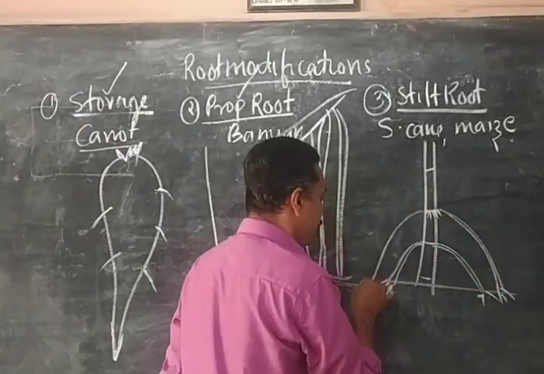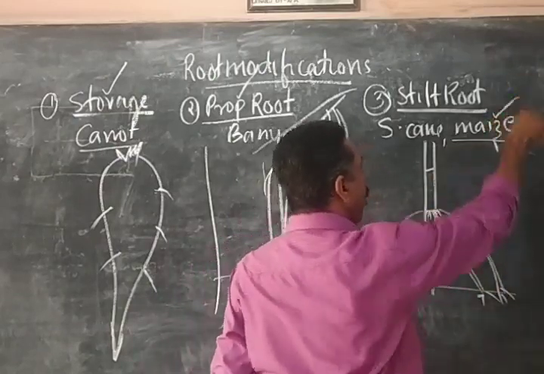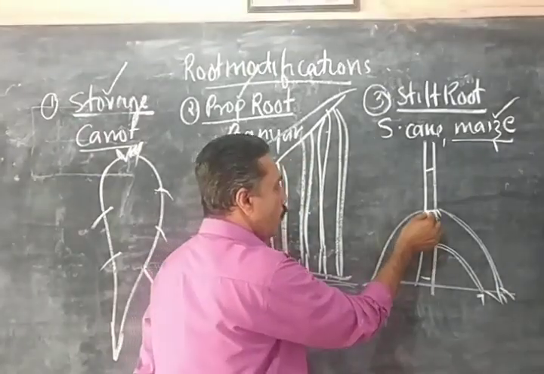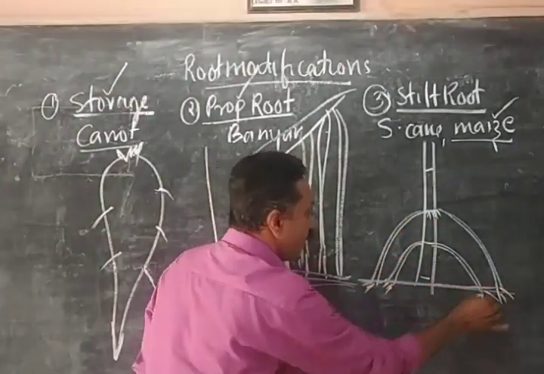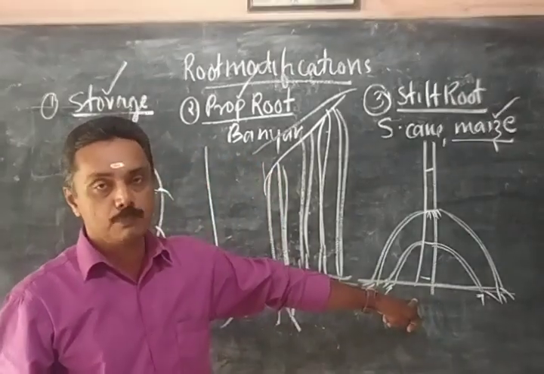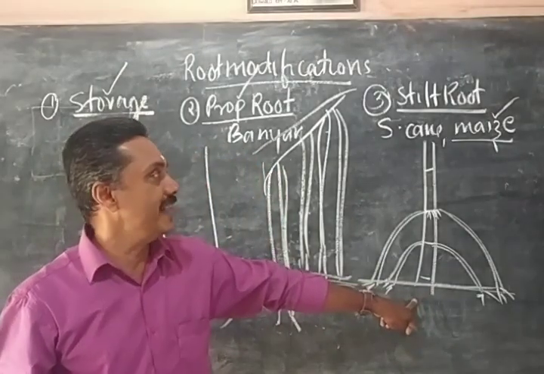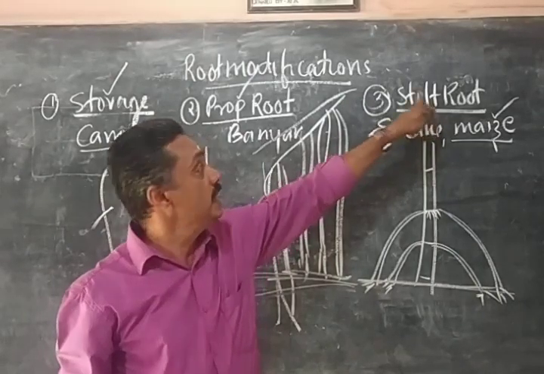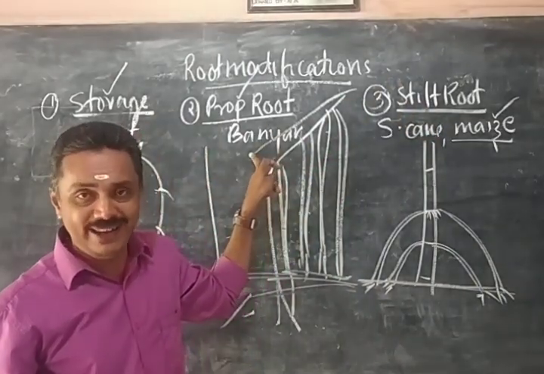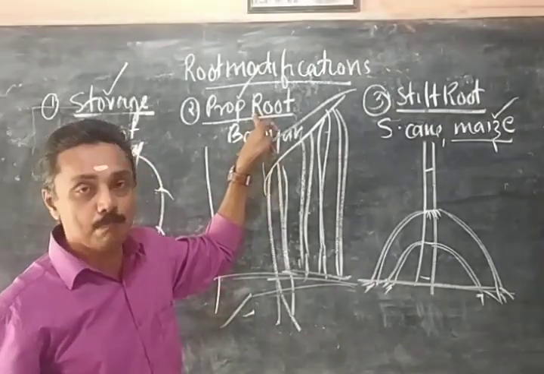See, this is the maize plant, corn. Roots originate from the lower node, grow downwards, touch the soil, and give mechanical support. These roots are called stilt roots. This is also mechanical support as in banyan tree, but there the root is called prop root.